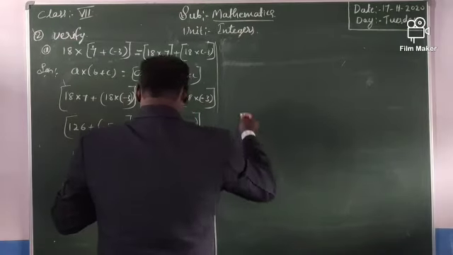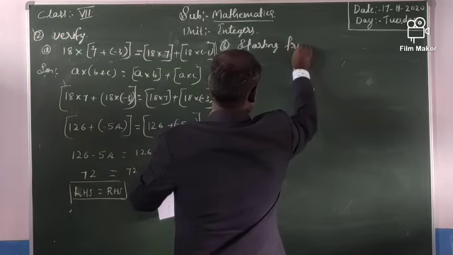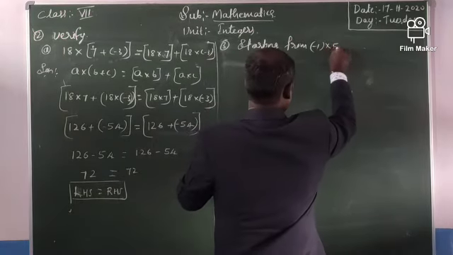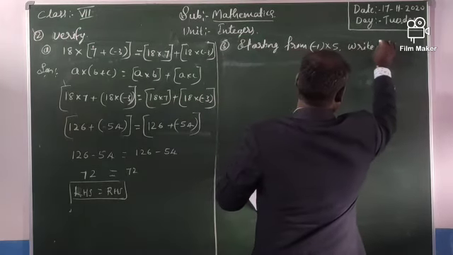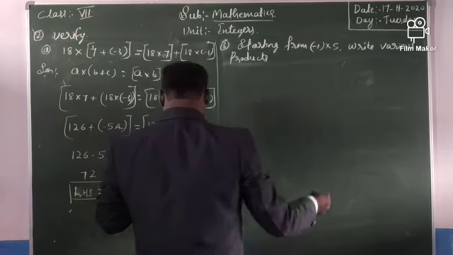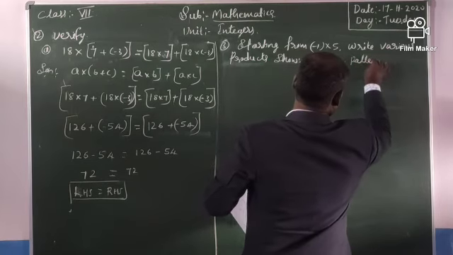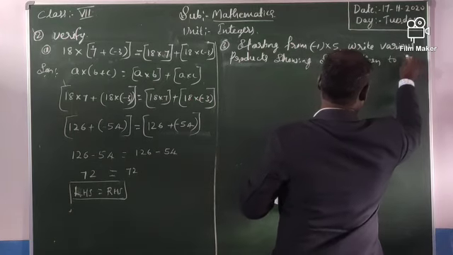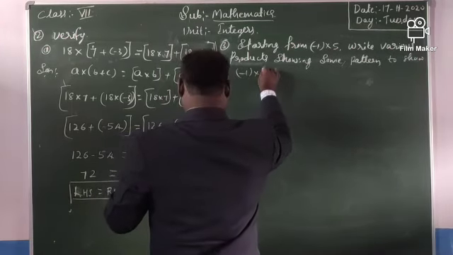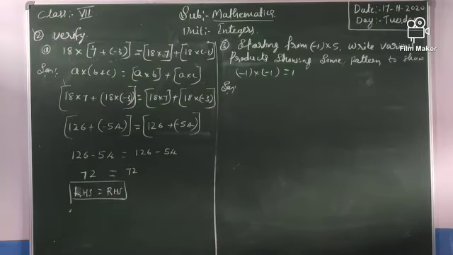See children, third one: starting from minus 1 into 5, write various products showing some pattern to show minus 1 into minus 1, which is equal to 1.